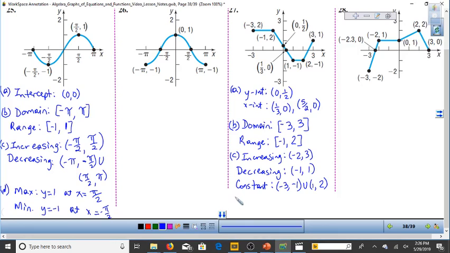And then finally, the maximum value is, as we indicated, 2, and it occurs when x is between the values of -3 and -1, and the minimum value is -1, and that occurs when x is between the values of 1 and 2.